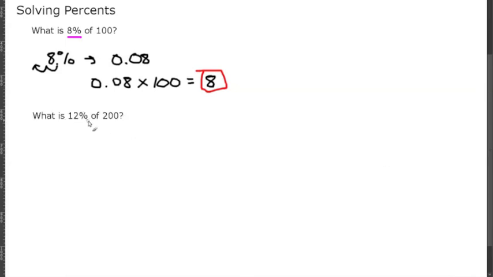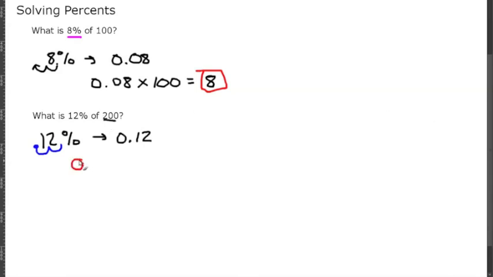What is 12% of 200? So we're going to start by moving the decimal place over. So we're going to write our 12% and move the decimal place over 2, 1, 2 to the left. So that becomes 0.12. Now we're going to take this decimal and multiply it by 200.